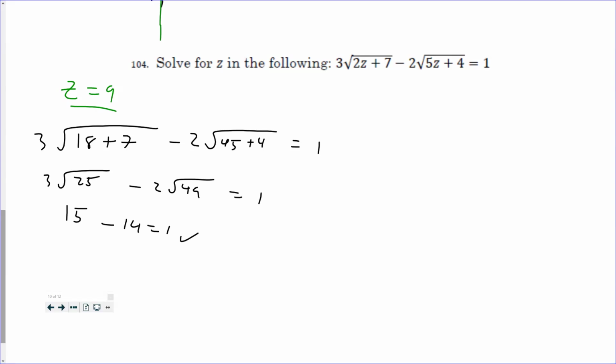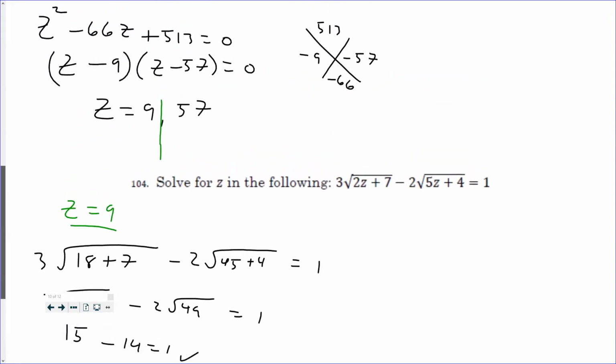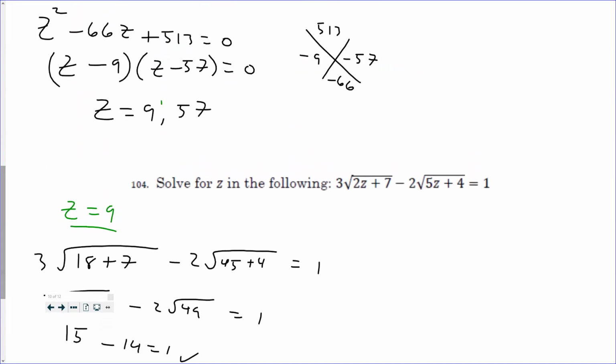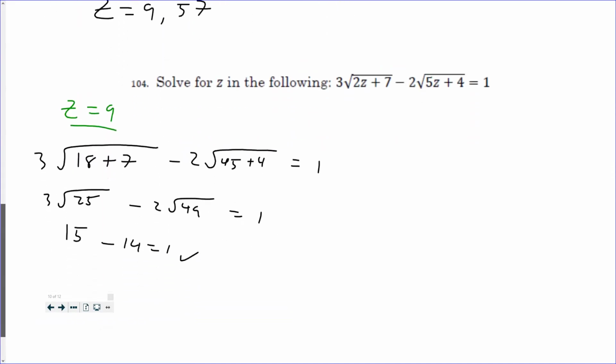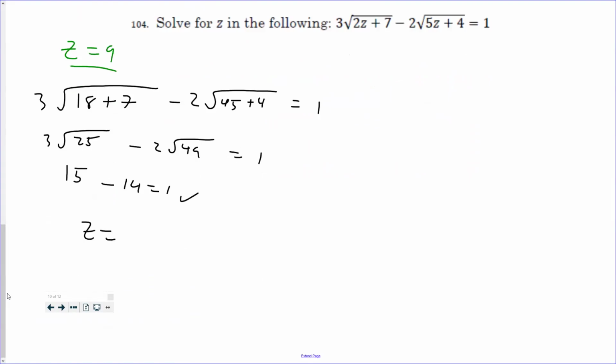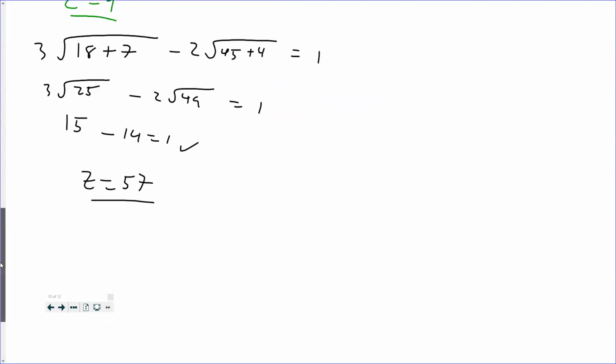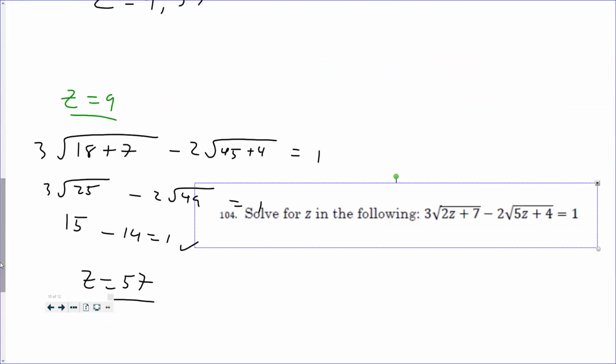Good. All right, now we're going to do the same thing for 57. So when z equals 57, bring this down.